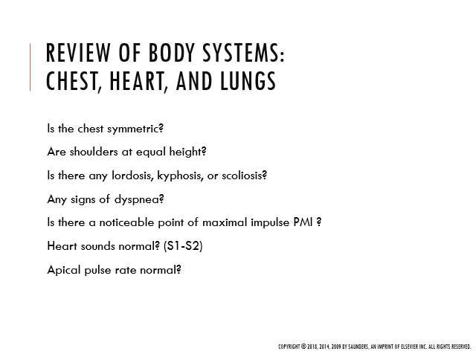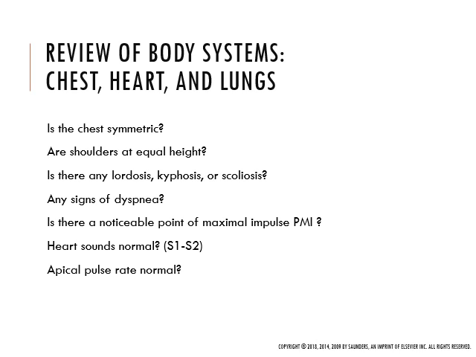All right, for the chest, heart, and lungs, first thing that we're going to do is ask ourselves, is the chest symmetric? So you're first just going to inspect the chest, and the chest is expected to be symmetrical. Are the shoulders at equal height? Is there one shoulder up, one shoulder down? We have to take a look at that.